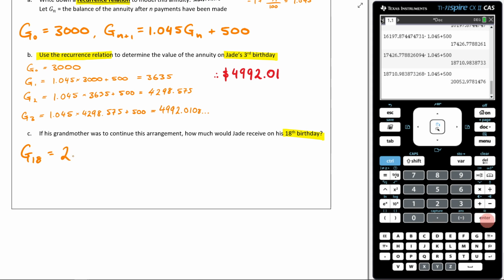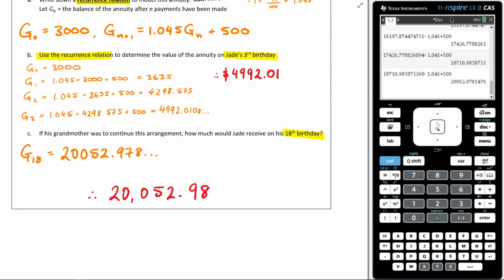So it's going to be 20052.978 dot dot dot. And therefore we can say on Jade's 18th birthday, he's going to have $20,052.98. That's how much will be in there.